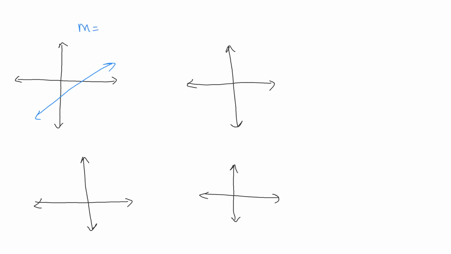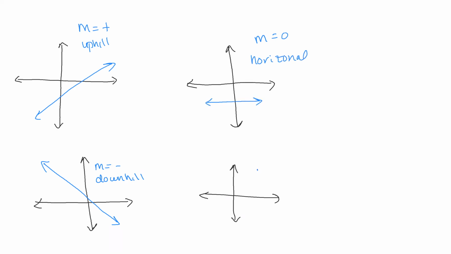So M is positive, the line goes uphill. We had negative slopes. So M is negative, the line goes downhill. We had M is 0, the line is horizontal. So something like this. And then we had that the slope is undefined and the line is vertical.